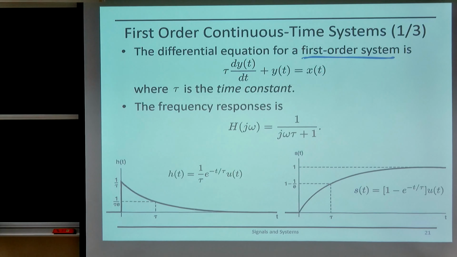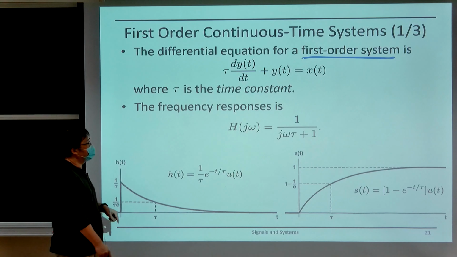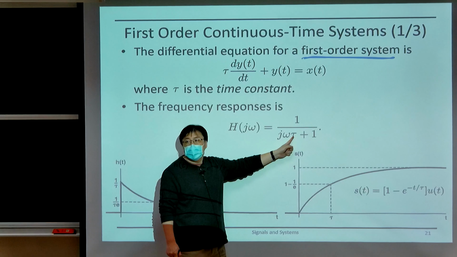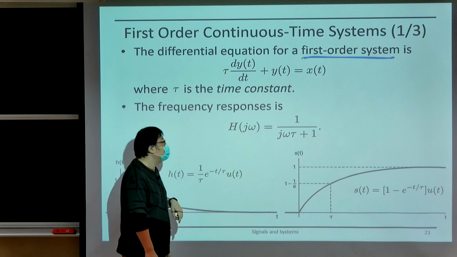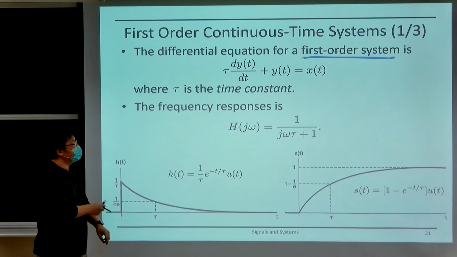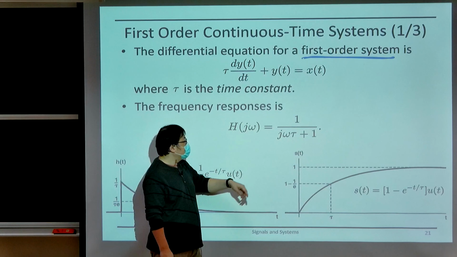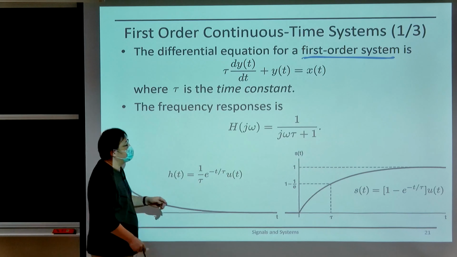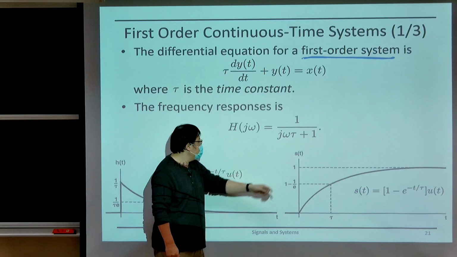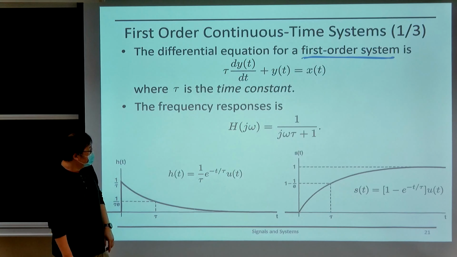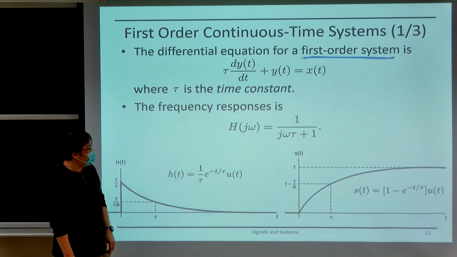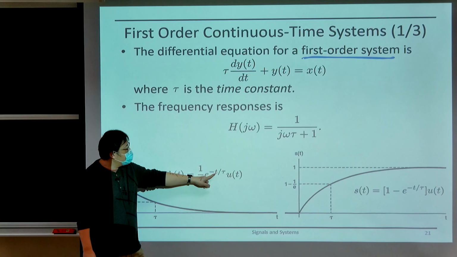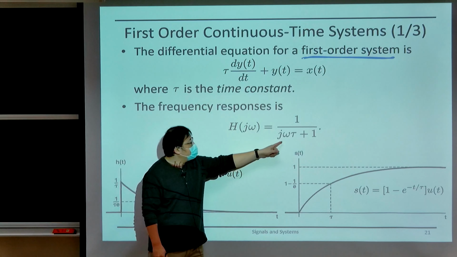But then how does this affect the frequency domain? So if you have a larger tau here, then this corresponds to a smaller omega. So you can see here that t is divided by tau, whereas omega is multiplied by tau.